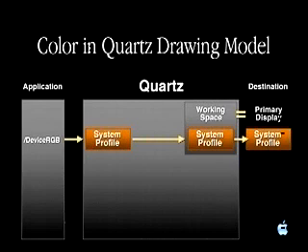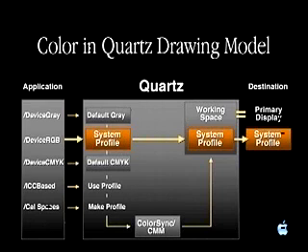If that were the old system and the application opened a file which contained data in different color spaces than device RGB, then the application itself would have to convert the data to the system profile. Otherwise, displaying such data would cause color errors, or perhaps would not even be possible at all. Let's see what happens in Quartz if the application didn't do anything about converting color and passed the data directly to Quartz.